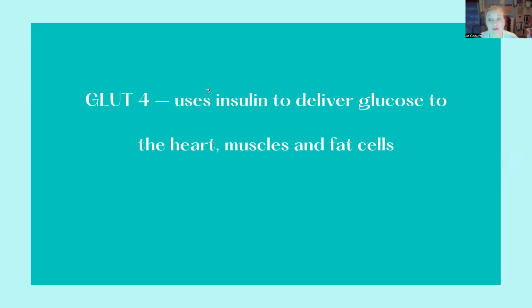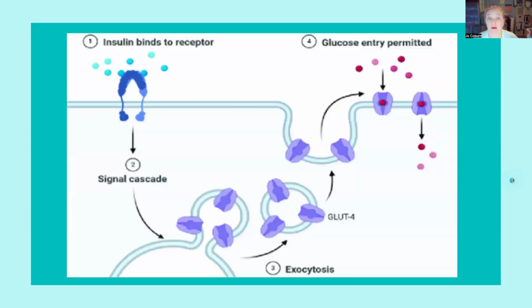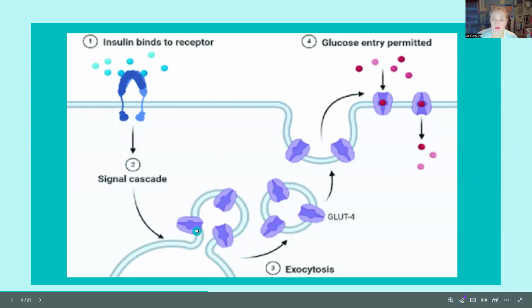GLUT4 uses insulin. Okay, so insulin binds to this receptor, which signals the cascade. These little things are GLUT4, right? So they're all in this vesicle.